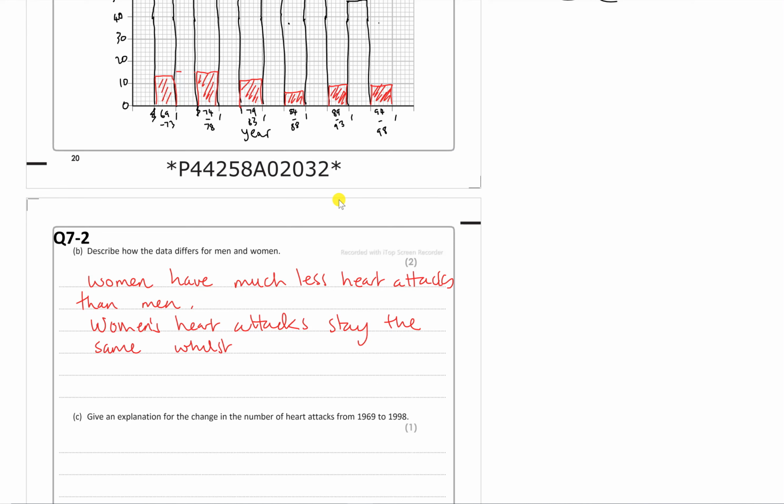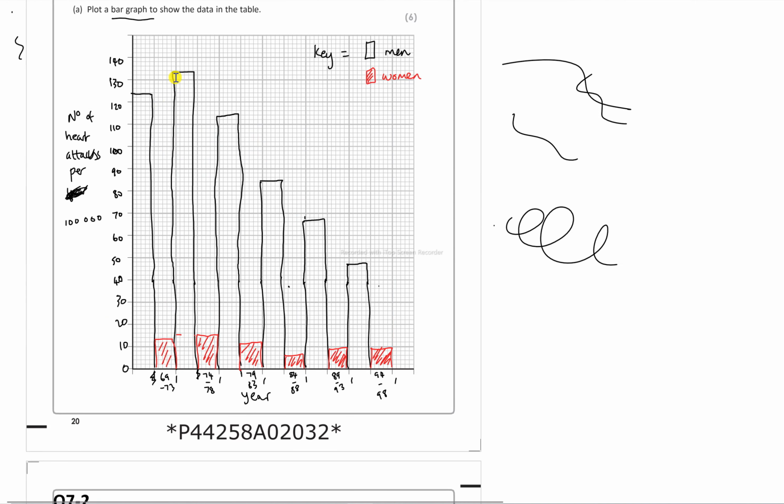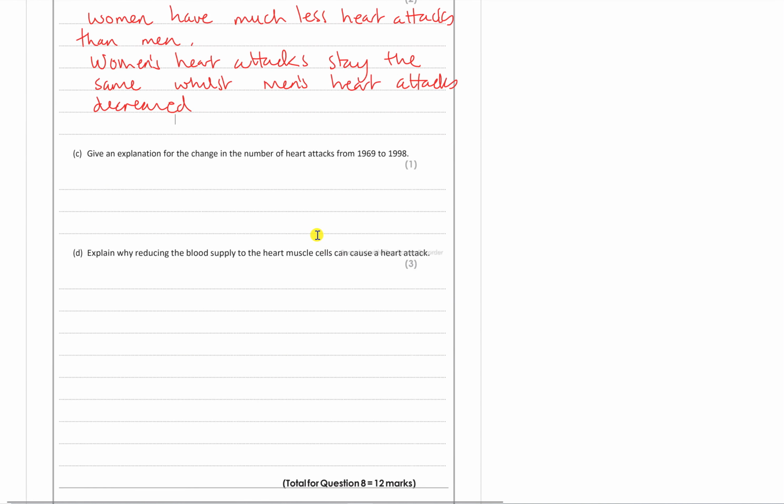Whilst men's heart attacks decreased. There was a slight increase, but generally a decrease. It went from about 139, well, yeah, over a half. It's a drop. They've changed their lifestyles.